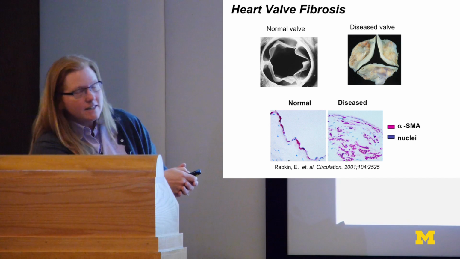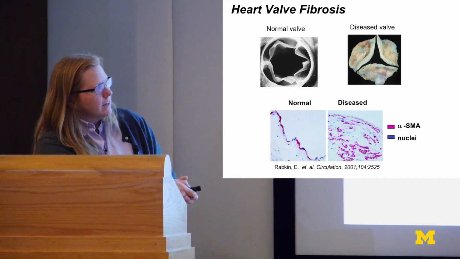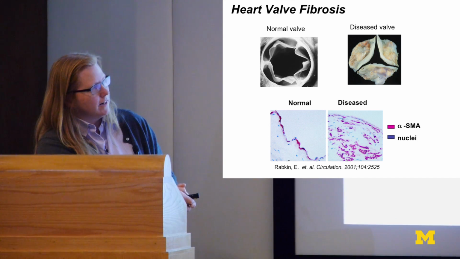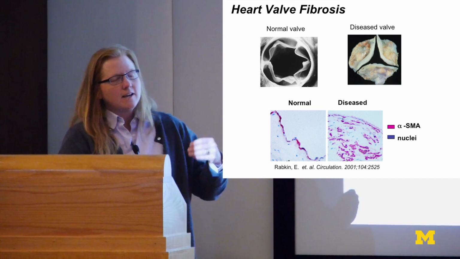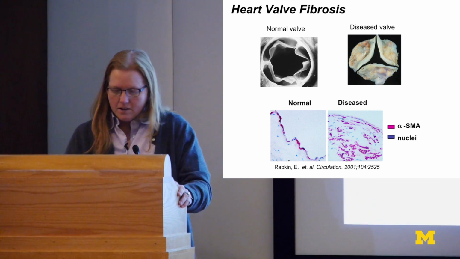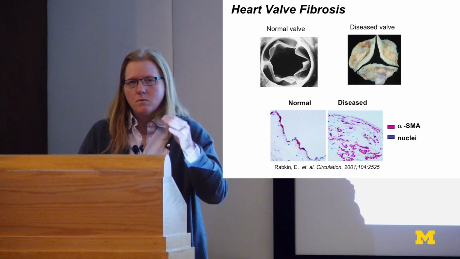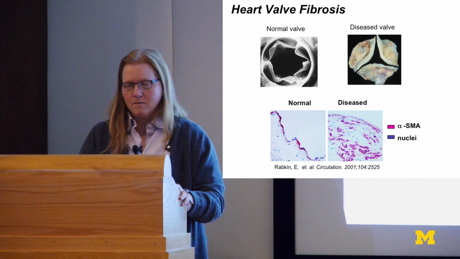But when you get diseased valves, what happens is a lot of the cells get permanently turned on and express this protein, and they're turned on in wound healing. And this causes them to make lots of matrix and become very fibrotic and stiff. So we were interested in trying to understand what was the basis for causing some of this.